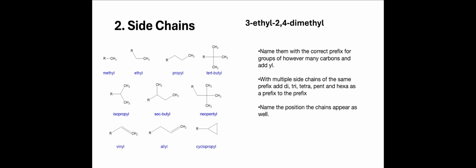With multiple side chains, the same prefix will be added with di, tri, tetra, penta, and hexa as the prefix. Then you need to name the position where the chains appear as well. This will be like maybe 3, 4 for dimethyl or 2 for just methyl.